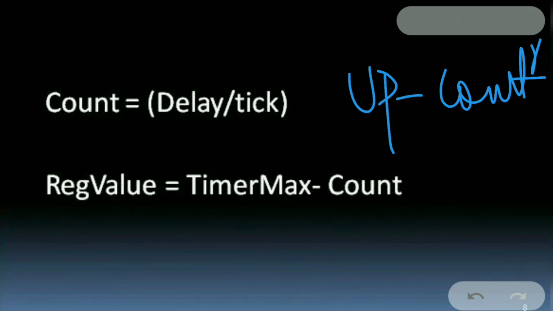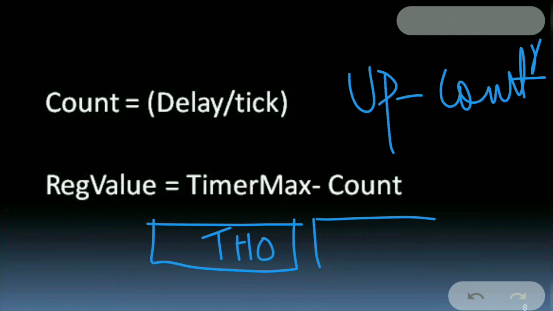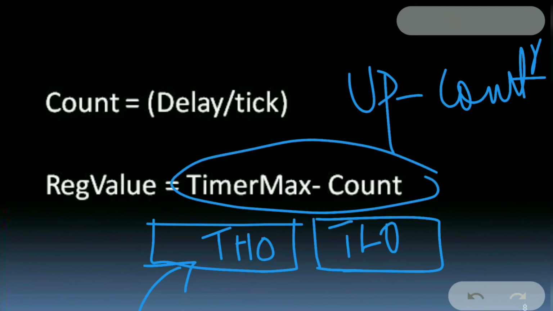That is, the timer will start counting from the value that we have inserted inside the timer registers, that is TH0 or TL0 for the timer 0 register, up to the maximum value. So we have to find the register value as timer maximum value minus the count value.